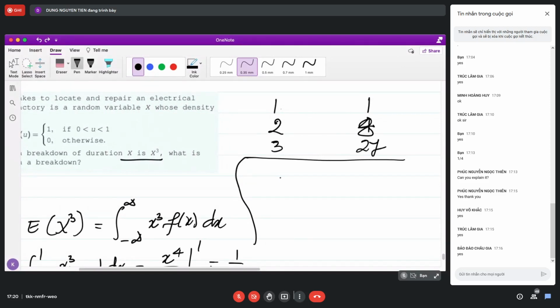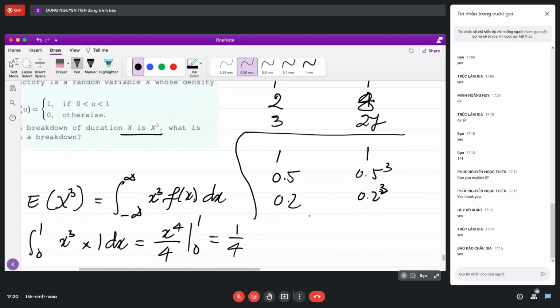So let's say for the first breakdown you need 1 hour. In the second one you need, let's say, 0.5, and then in the third one you get 0.2, something like that. Understand? And then you come up with the corresponding cost. What are they? 1, 0.5 to the third, 0.2 to the third. Correct?